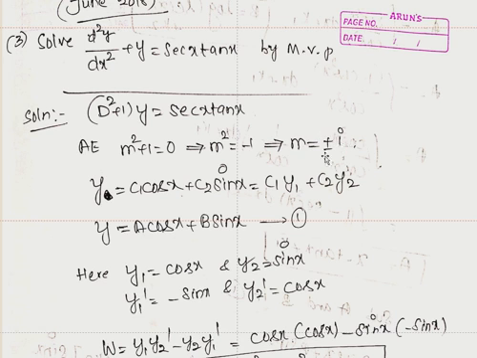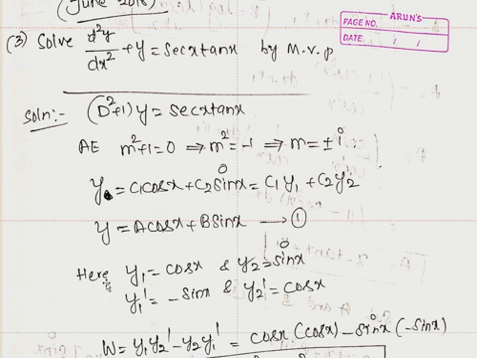The complementary function for this complex number is given by y is equal to c1 cos x plus c2 sin x, that is c1 y1 plus c2 y2. I replace c1 and c2 by capital A and B. Here c1 is A, so y is equal to A into cos x plus B into sin x.